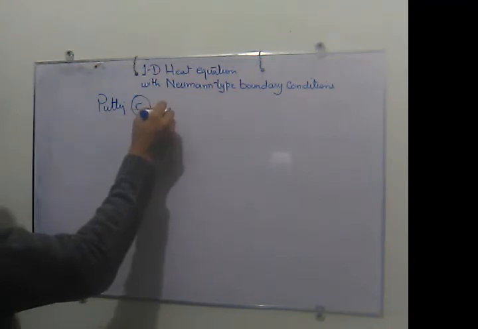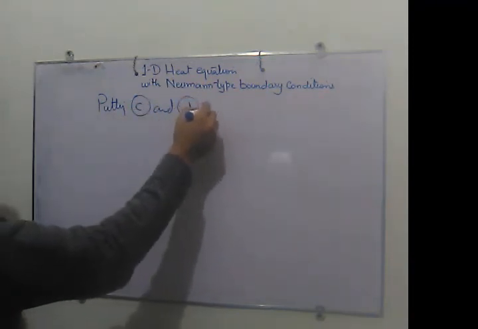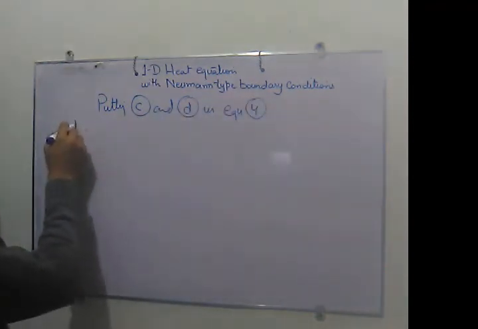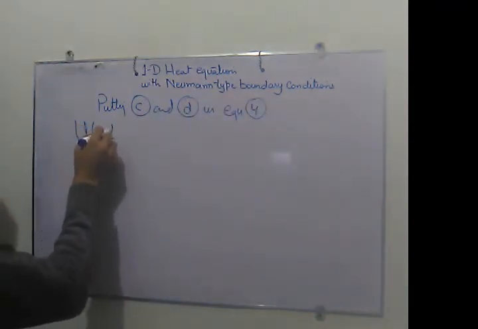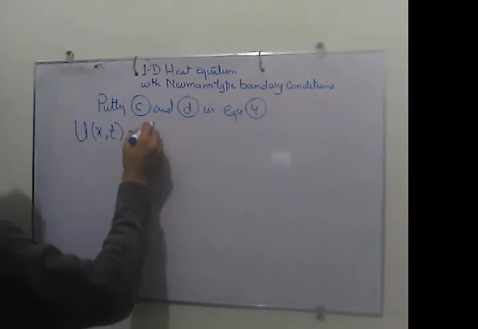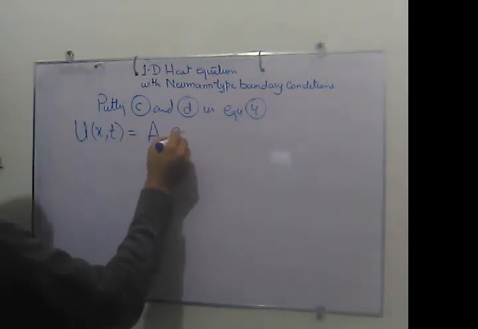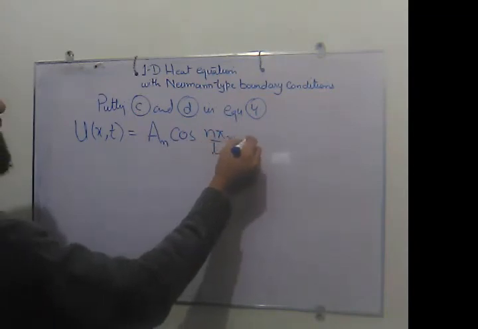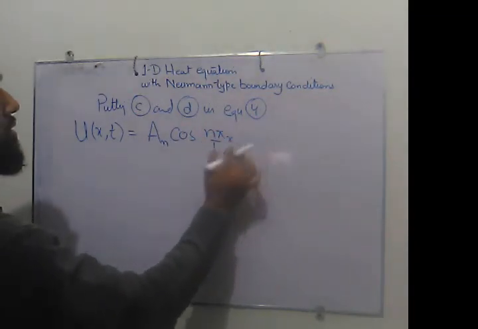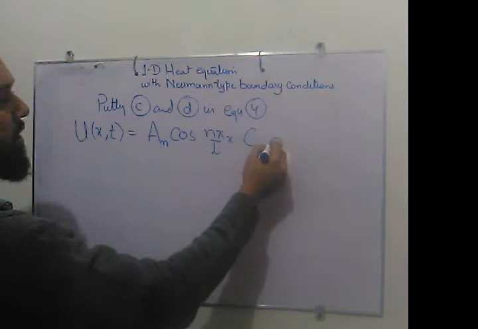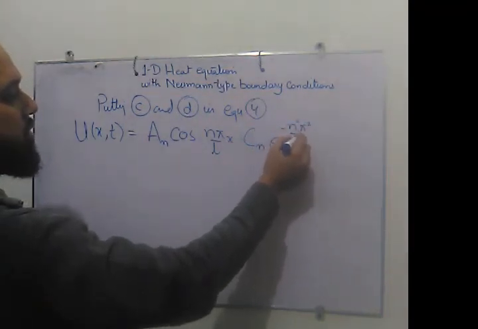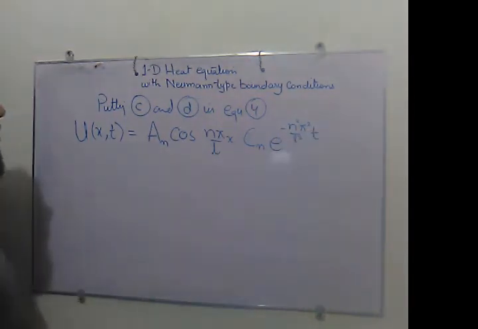Putting C and D in equation number 2 will get us u x t is equal to a n cos n pi upon L x exponential c n exponential minus n square pi square upon L square t.